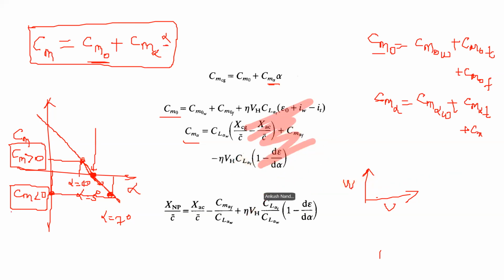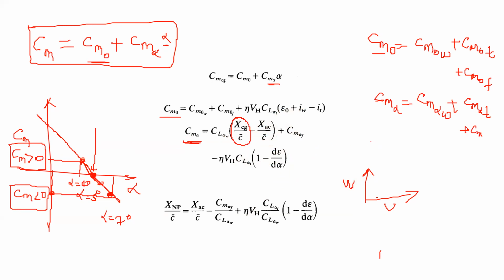Now, this Cm alpha, this slope, does not remain constant. It's a fact, because this Cm alpha expression contains a quantity xcg. This quantity changes when the aircraft flies. And why does it change?